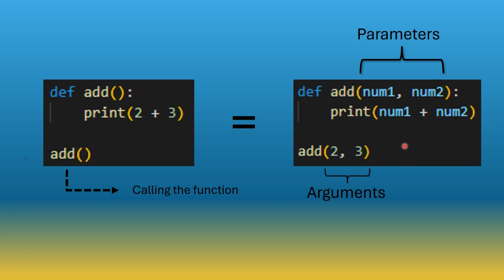So I hope you understand it. We need parameters for information that we don't have, but then we can get that information once we call it.